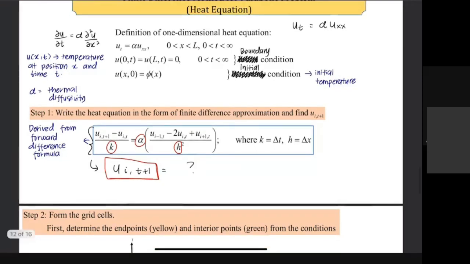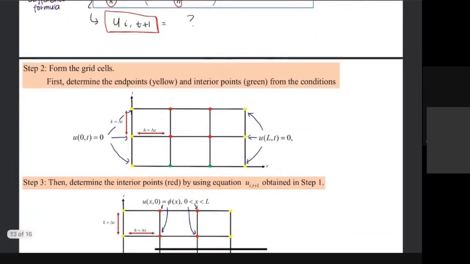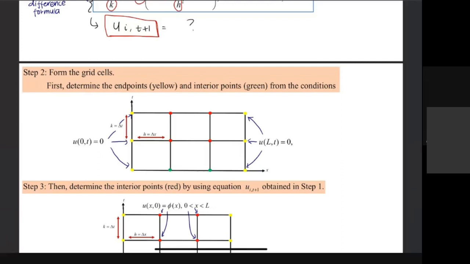Okay, next, we form the grid cell based on the value of x and also the value of t given in the question. After you point the grid, nanti kita tengok contoh. Okay, these are the grid points.